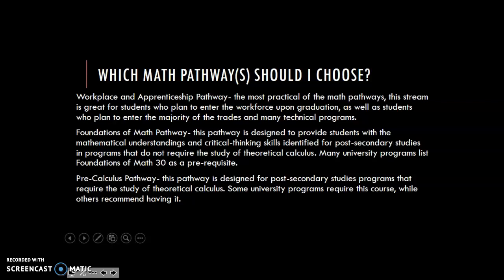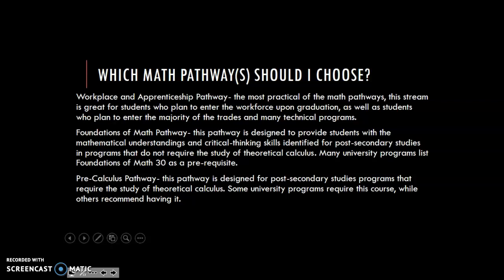So others will say Foundations of Math 30 or pre-calculus 30, and then there'll be a little asterisk and it'll say pre-calculus recommended. That's simply because a lot of the university math concepts, the calculus concepts, the high school portion of them are covered really, really quickly at the beginning of the course.